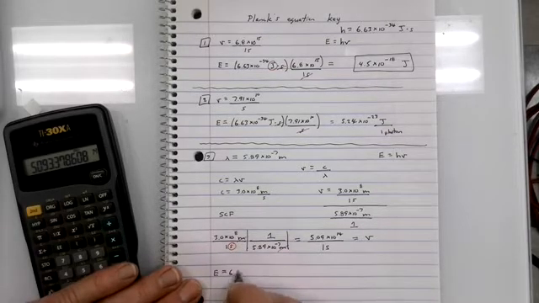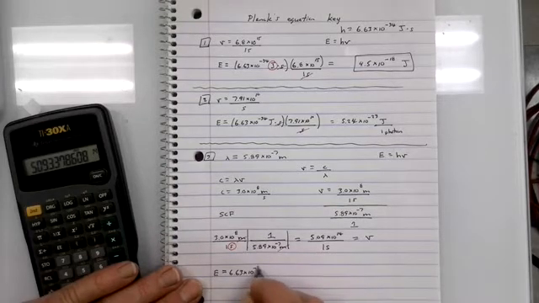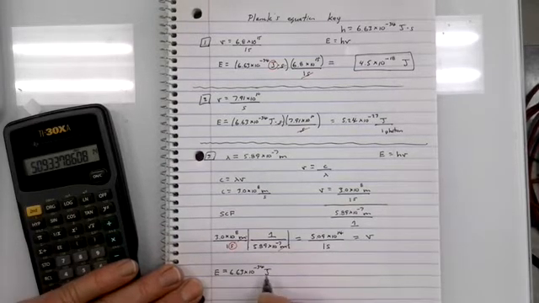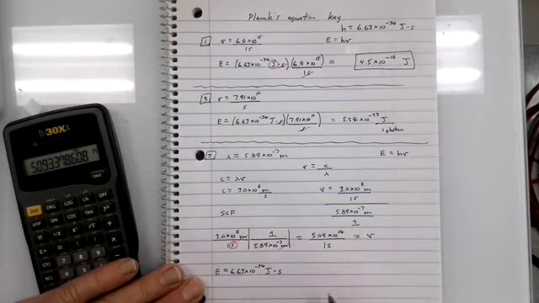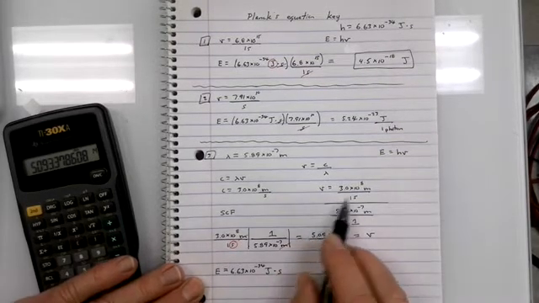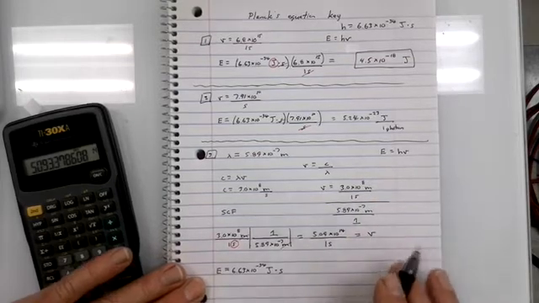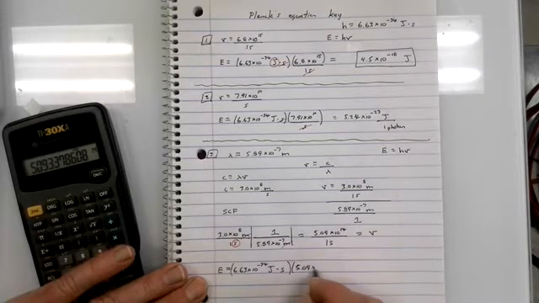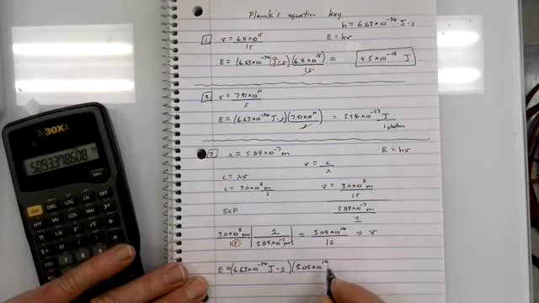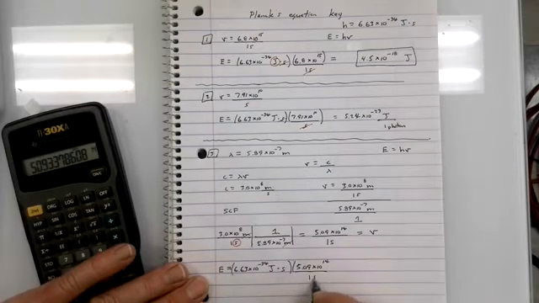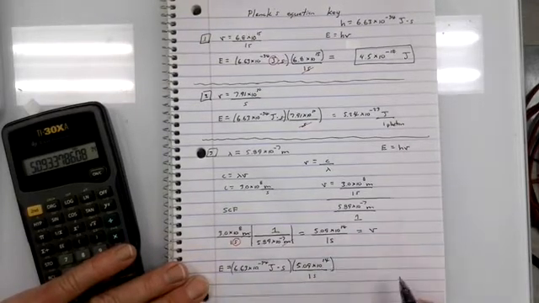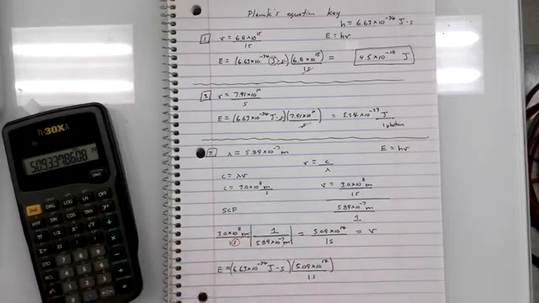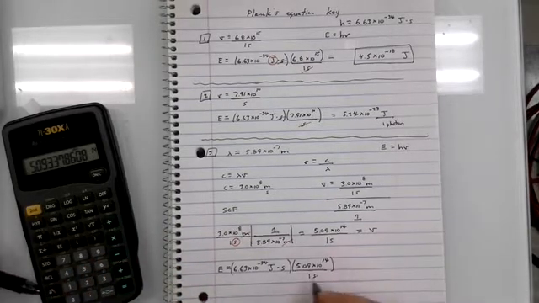So we have 6.63 times 10 to the negative 34th joules times seconds, and we're going to multiply that by our frequency, which is 5.09 times 10 to the 14th over 1 second. So seconds are going to cancel, and we are left with joules.